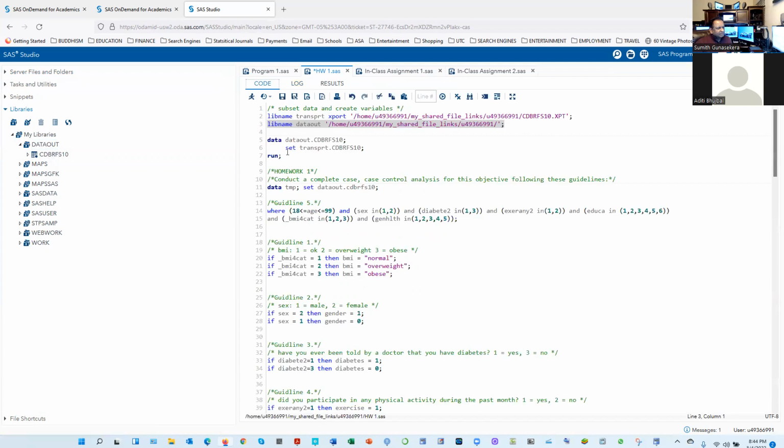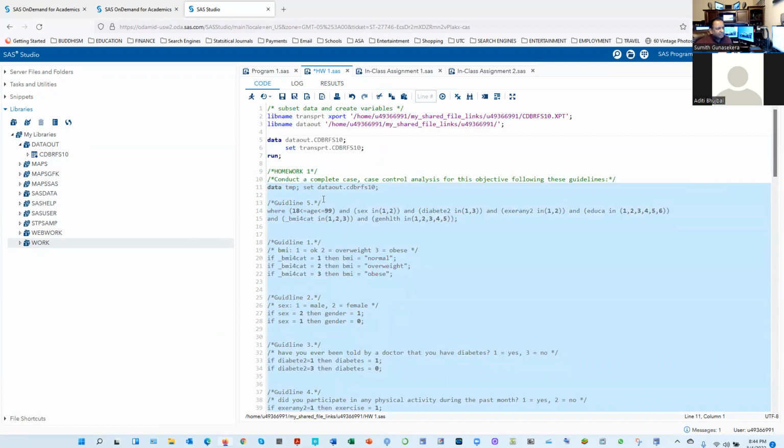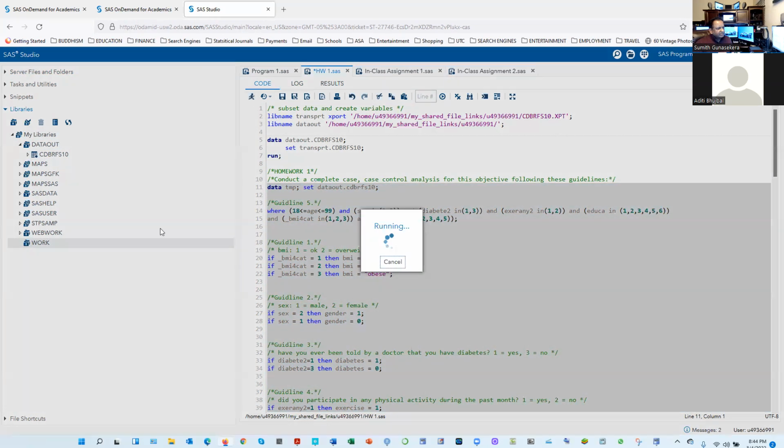So then it already came out. Go to the data. From there to here, data out, I'm going to put into the work directory.